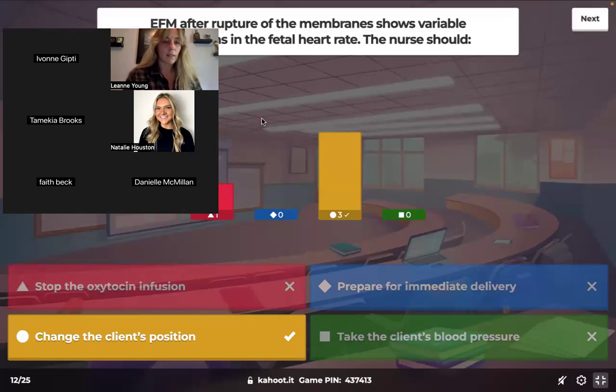With this one, I think it's mostly asking along the lines of the VEAL CHOP mnemonic: if you're having variable decelerations, what does that mean is happening, which would be umbilical cord compression. So what do we want to do? We want to get pressure off of that umbilical cord. And the best way to do that would be to change your patient's position, either to that lateral lying side position or on your hands and knees.